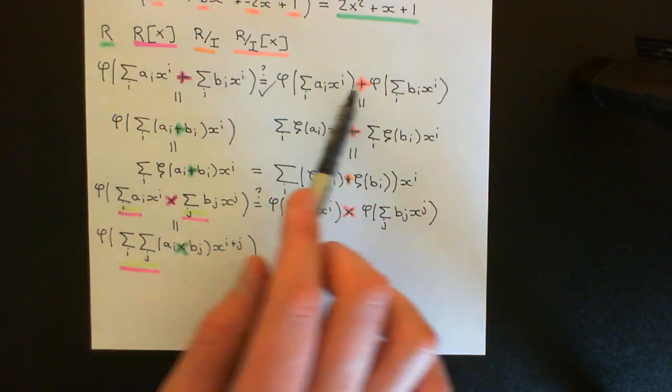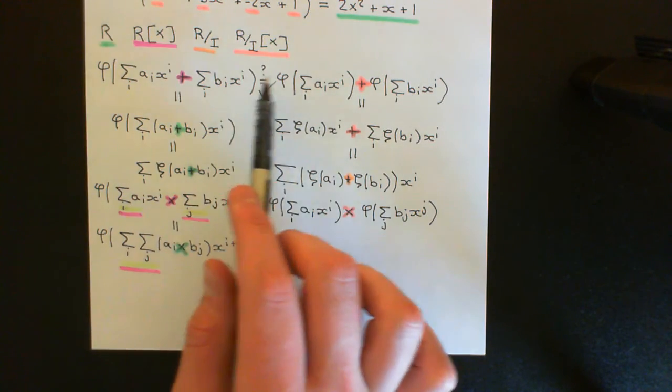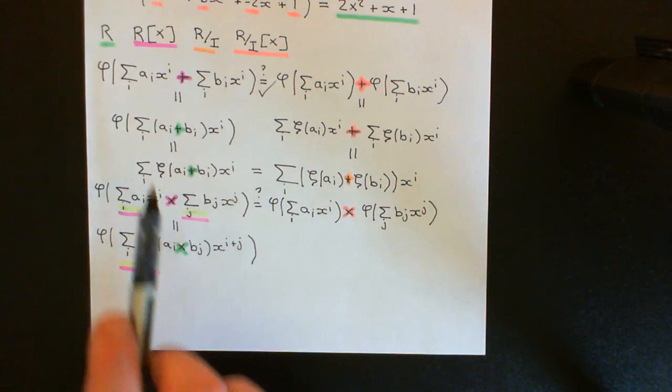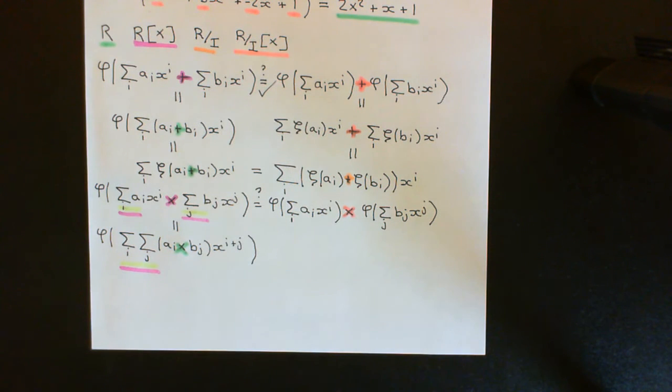Now of course here it was only for two things, but once you've got it true for two things, you can extend it very easily to an arbitrary finite string of things added together, which is what I've got here. I do know it's finite because only a finite number of these coefficients are non-zero, so therefore only a finite number of these products are going to be non-zero. So I can now basically move the phi inside.